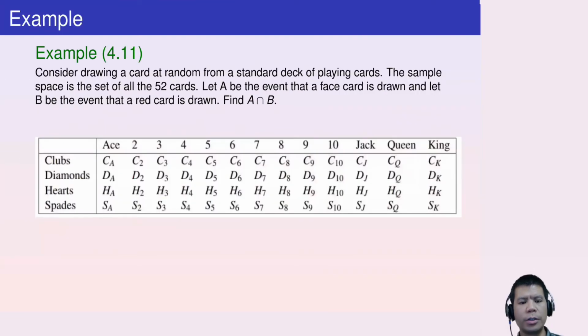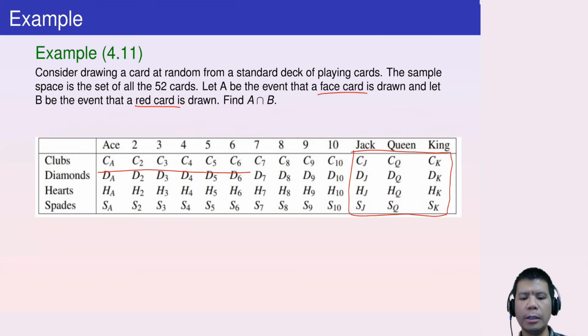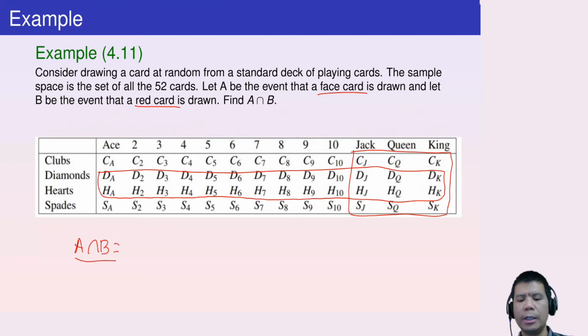Now, again, consider this example. A is a face card, B is the red card. So as we know, this is in A, and this red card is in B. Now A intersect B, or be careful, intersection, right, is what? It is the common values in A and B. So that is here, right?